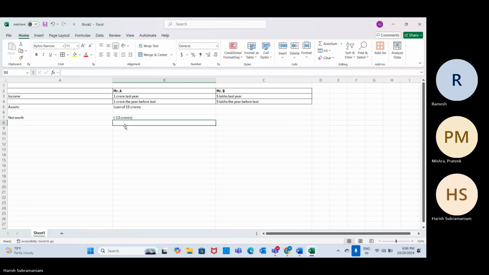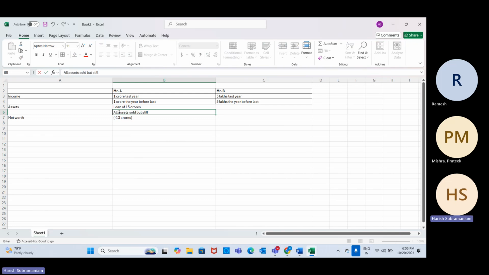So this individual who is supposed to have had a very good salary, when we just look at the salary, actually has a huge loan of 15 crore and everything else, all assets sold, but still 15 crore repayment pending. He sold his house, he sold everything, but still this 15 crore of repayment is pending.